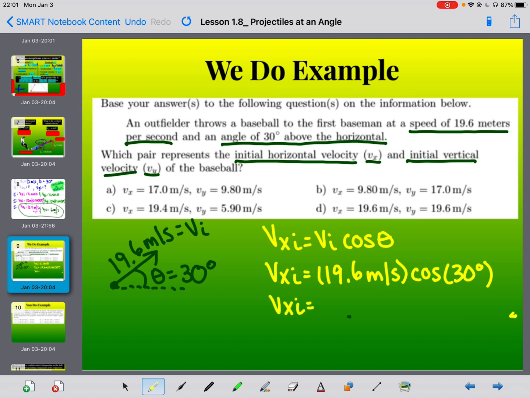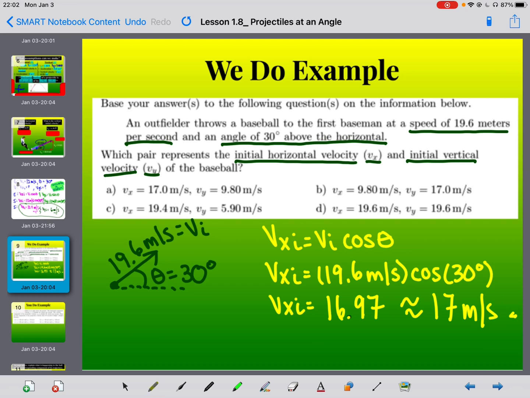Use your handy dandy calculator. Cannot stress it enough, make sure that your calculator is in degree mode, because it would be such a shame to get it wrong. We get an answer of 16.97, so roughly we can say that is 17 meters per second.